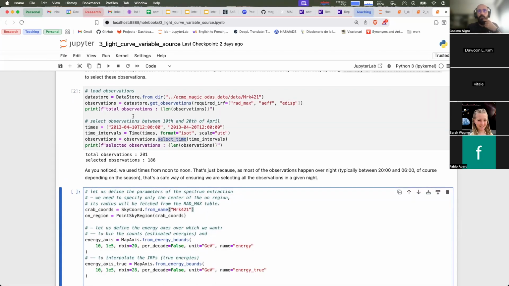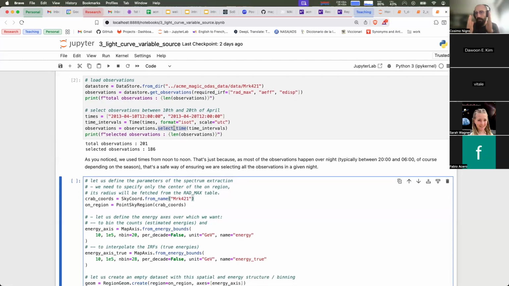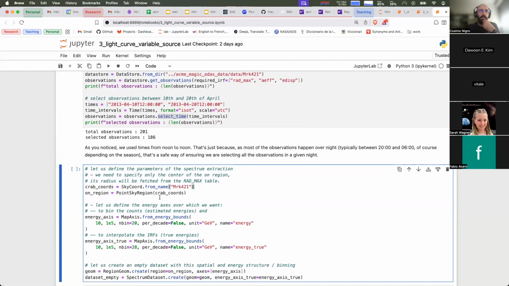So time goes from noon to noon because we observe at night. So if we want to encompass the whole night, it's better to use a time interval that starts at noon and ends at noon, so that the observation night falls largely within this interval. The interval is larger than the actual observation period.